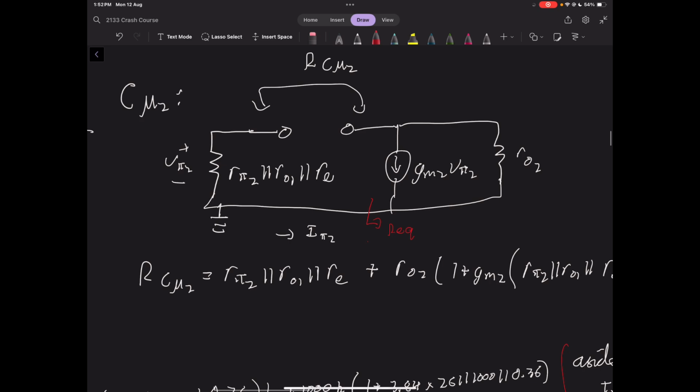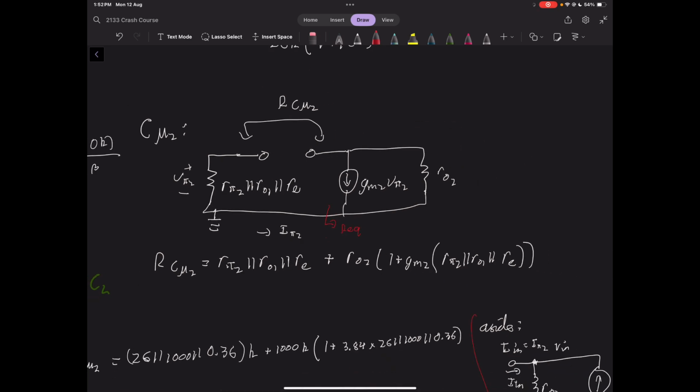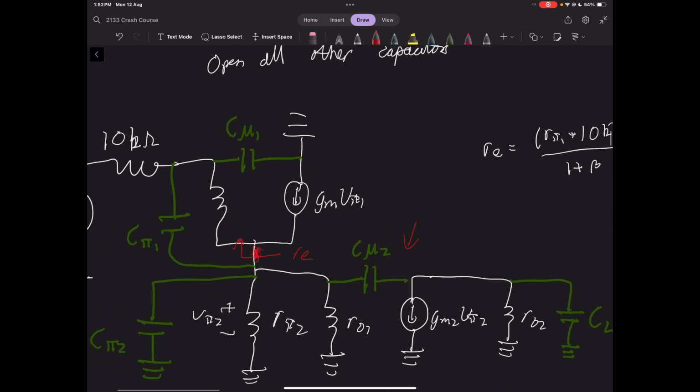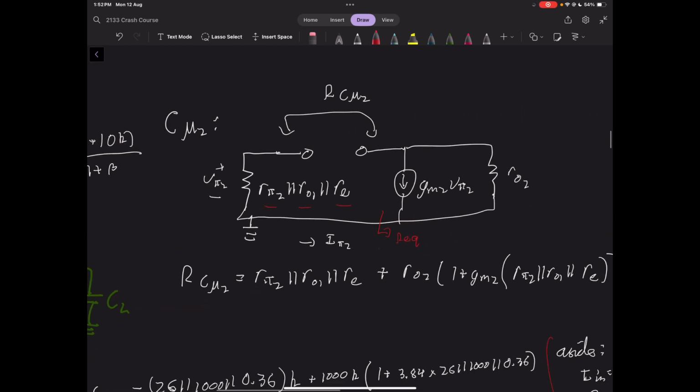And you can see here that I've just rewritten this circuit as R pi 2 in parallel with RO1 in parallel with RE. Again, looking in from RC pi 2, it's pretty clear that this is the resistor on this side, this is another resistor on this side. All these capacitors are open, and because we found RE, we're going to replace RE with some resistor here, which means these three resistors are in parallel. That's how we get that equivalent circuit.